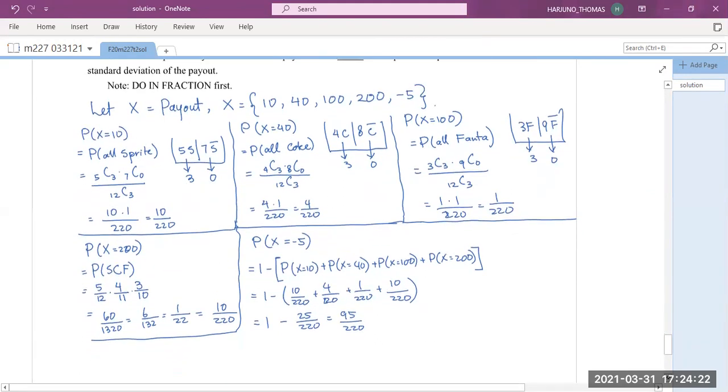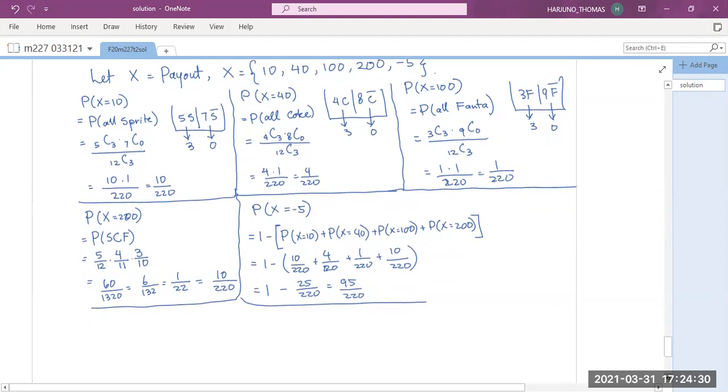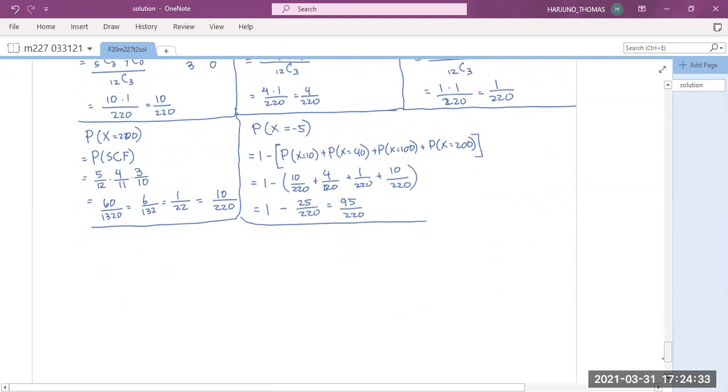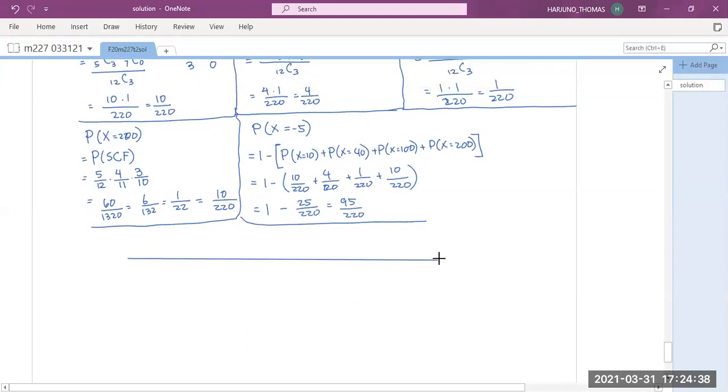Now, there's no other payout. So we are done basically with computing the probabilities. What we will do next is to set up the probability distribution. And we need to extend that later on. So let me make it long enough. So this is our x. There are 10, 40, 100, 200, -5.